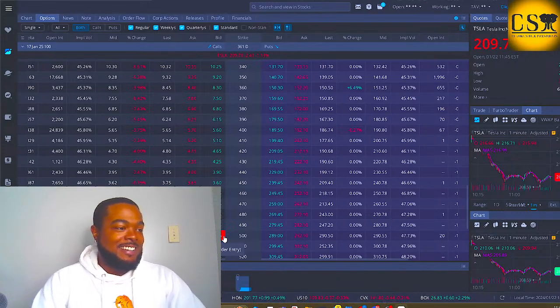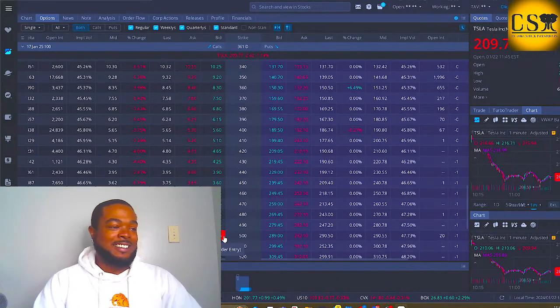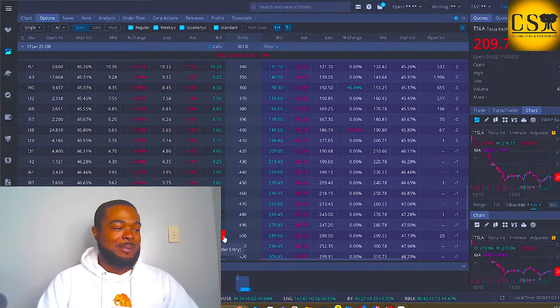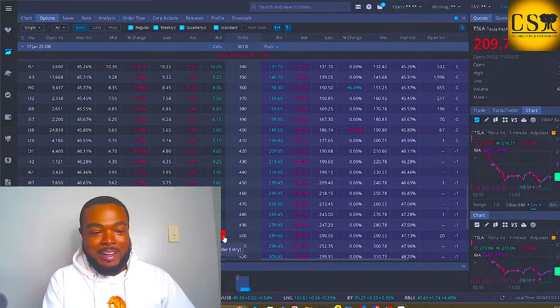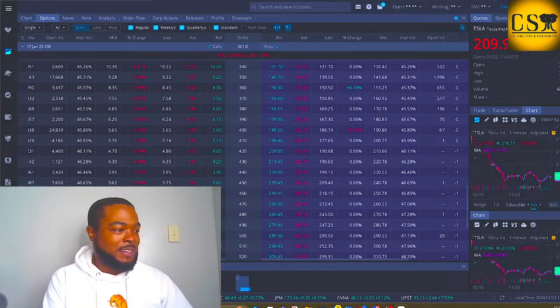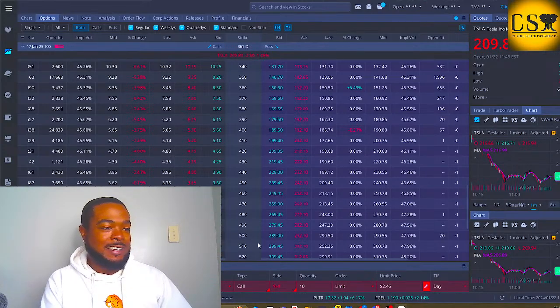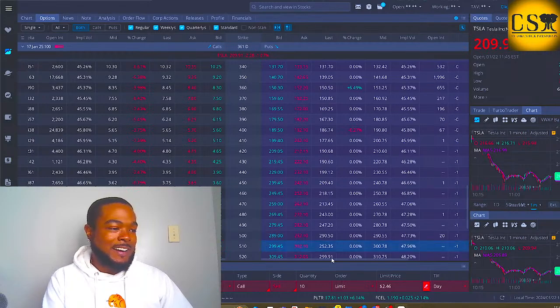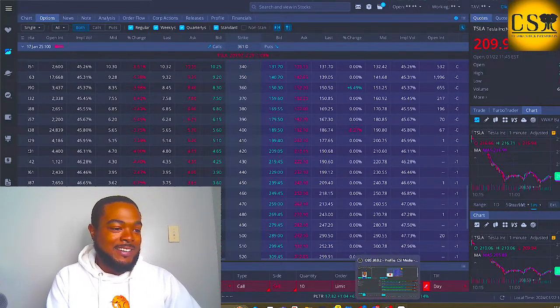If we could catch this on a little pullback, maybe catch it in the 230s in price, that'll be nice. I'll determine that before earnings on Wednesday. But this is the price I'm looking for. The $500 Tesla call, expiring January 2025.